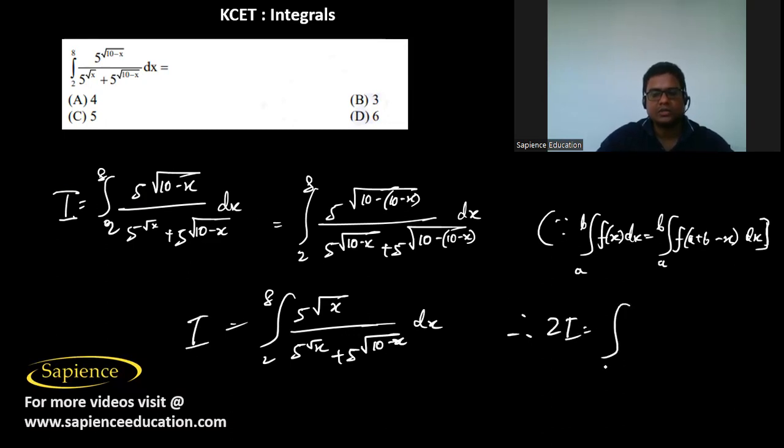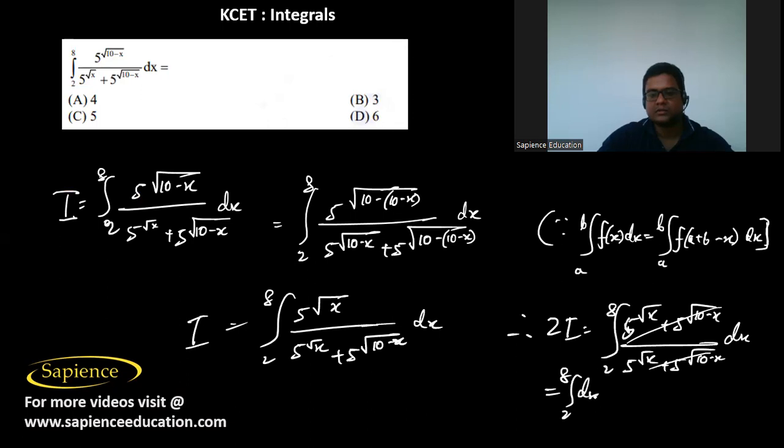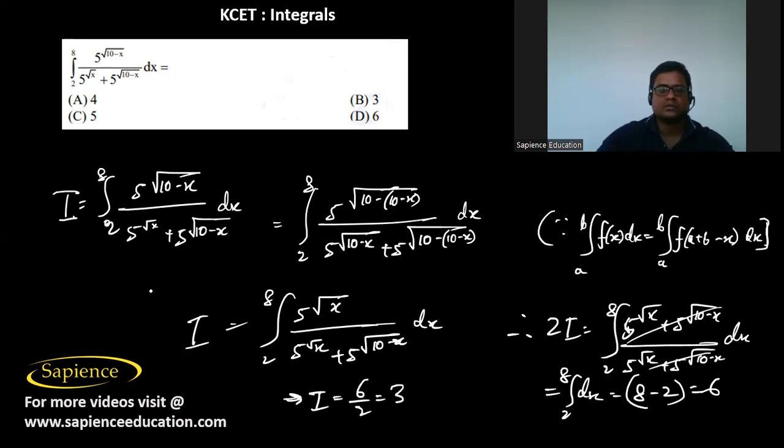So 2I will be integral 2 to 8 of 5 power root x plus 5 power root over 10 minus x divided by the same thing, 5 power root x plus 5 power root over 10 minus x dx. So this will cancel out, this will be 1. So this is integral 2 to 8 dx, which is nothing but 8 minus 2, which is 6. So 2I is 6, it means I will be equal to 6 by 2, which is 3. So option B is the correct answer.